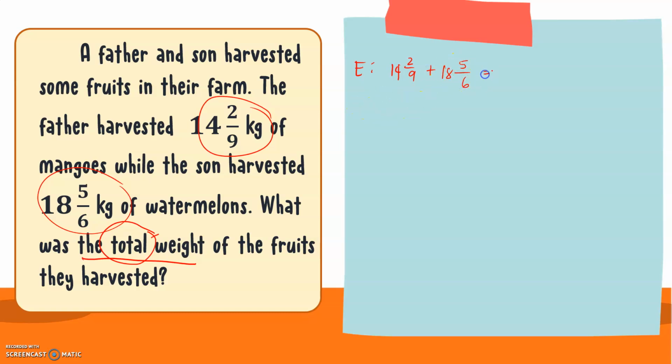As you can see, our fractions here are dissimilar. So that means we will change them into similar fractions by using the LCD. And we will do that using continuous division method for LCM, because again, we're looking for the least common denominator for 9 and 6.